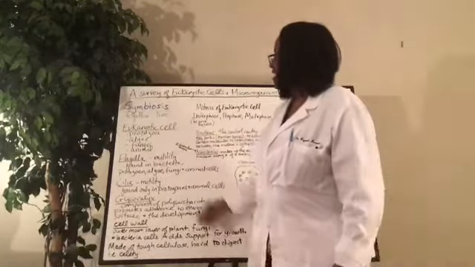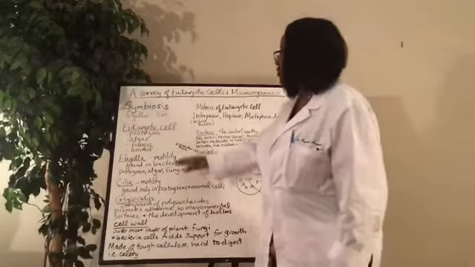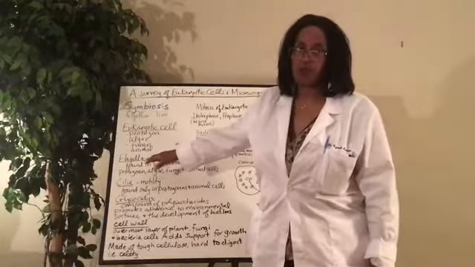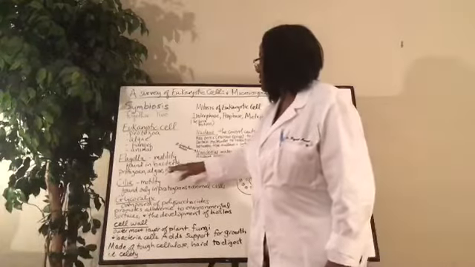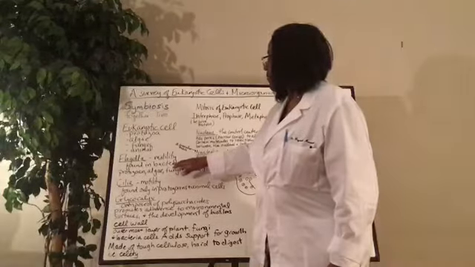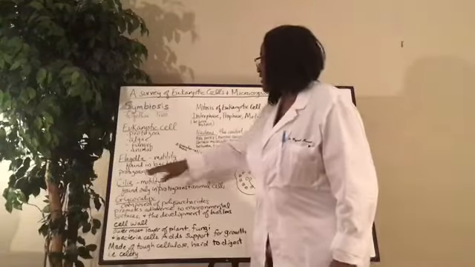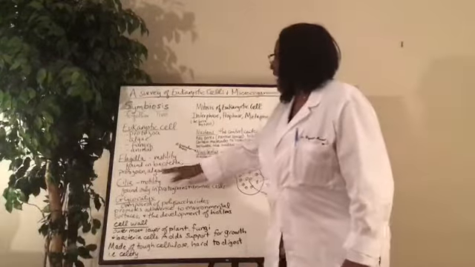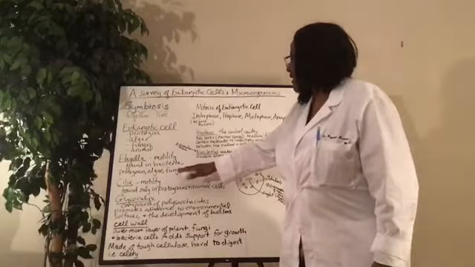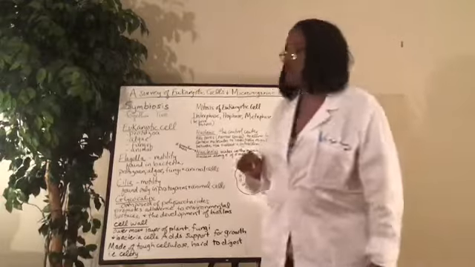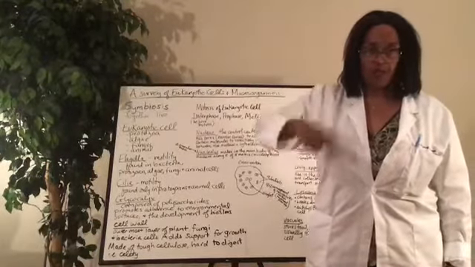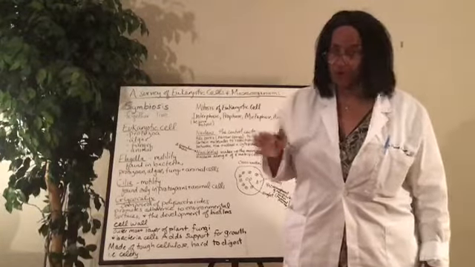The flagella in eukaryotic cells, remember flagella has to do with motility, right? It's found in bacteria, protozoans, algae, fungus, and some animal cells. The flagella that we know for in humans is with the sperm, right?